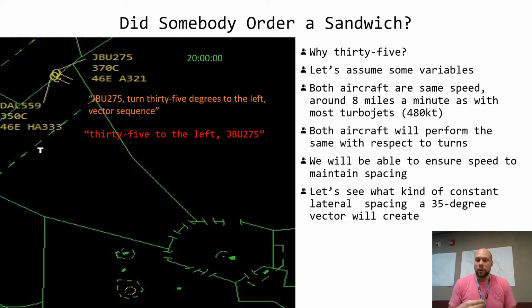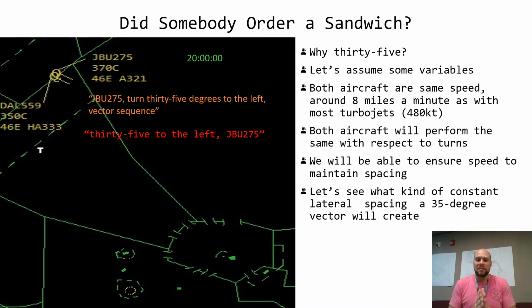Both aircraft will perform the same with respect to turns. We assume that when we turn these aircraft at various points throughout their time here in the sector, they will perform the same, okay? We will be able to use speed to maintain spacing. We've covered speed control before, so this will be no different. So we have that on our side. All these variables are on our side in what we'll look to achieve.